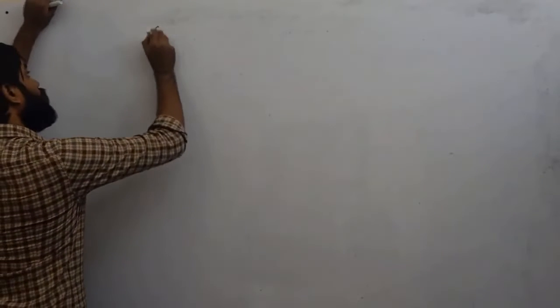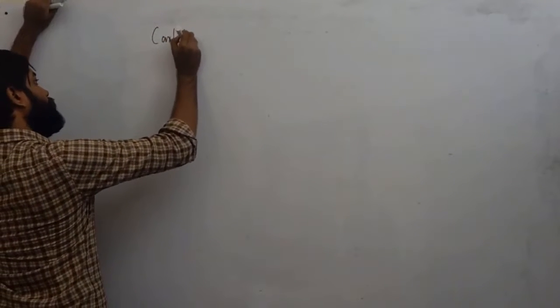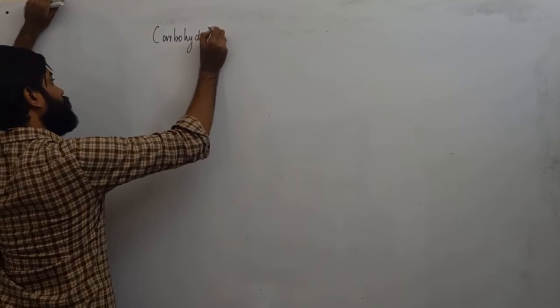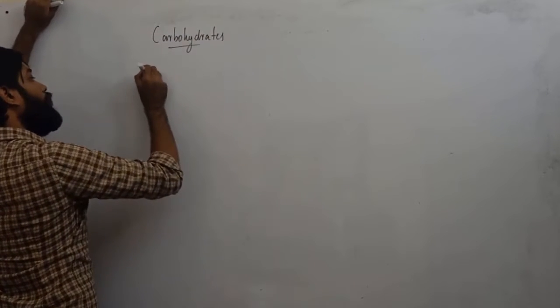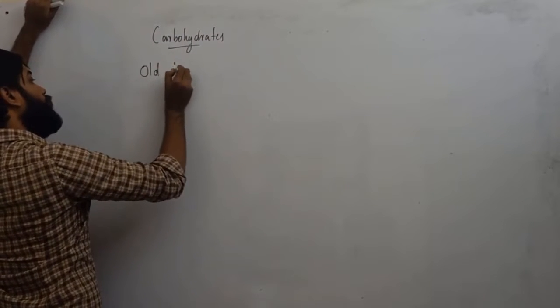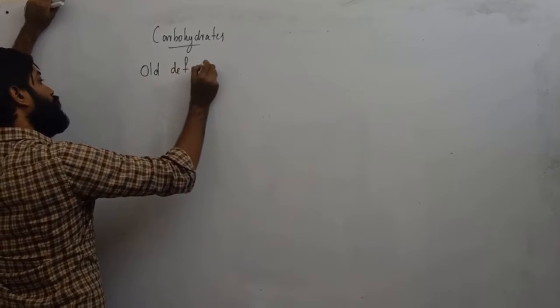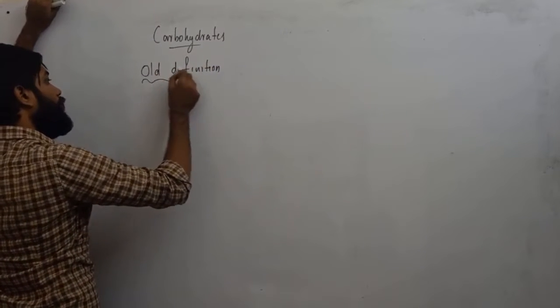Let me define what a carbohydrate is. There are two different types of definitions for carbohydrate. The first one is an older definition.